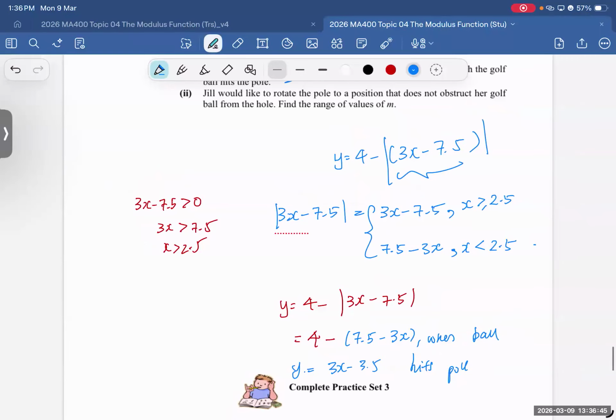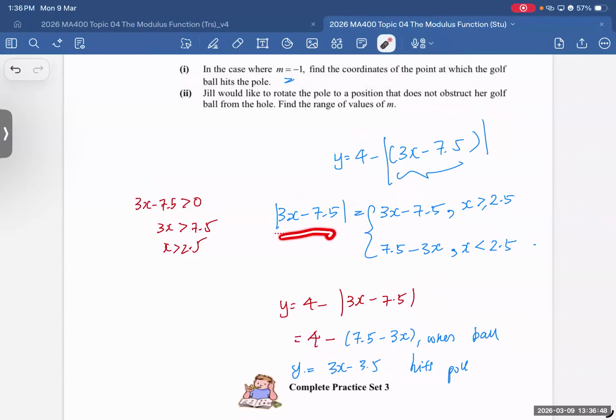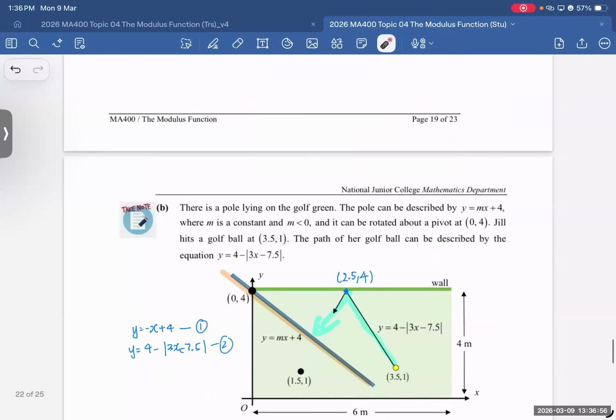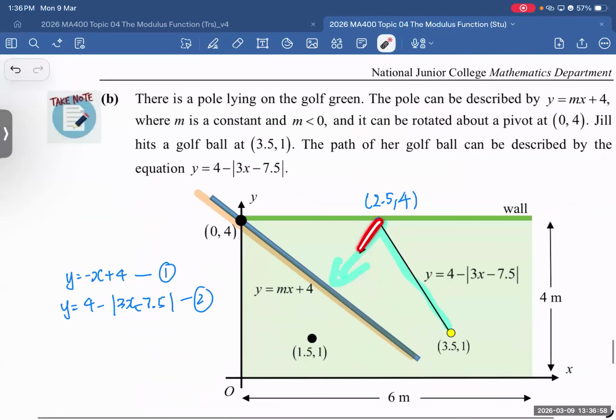So I say again, I unpack for you what the modulus function is. It could either be itself or the negative of itself. But if I look at this graph, at the point where it touches the pole, the modulus is actually the negative of itself. It's actually negative f(x) that we are talking about.